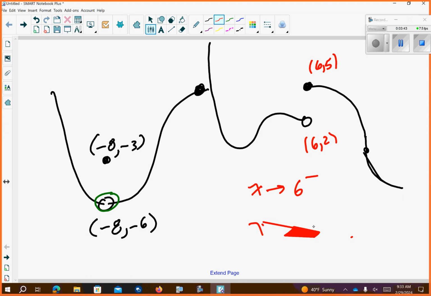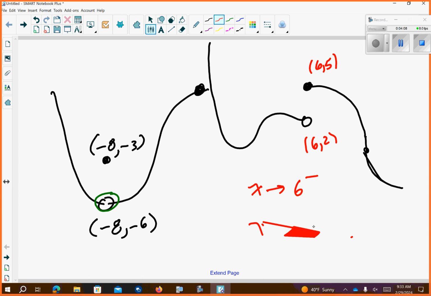So if I'm approaching 6 from the negative side, that means I'm coming from the left to get to here. So as the limit approaches 6 from the negative side, this limit is 2. If this was 6 raised to the positive, that means I'm coming from this way, and the limit gets to 5. Okay, does that make sense?